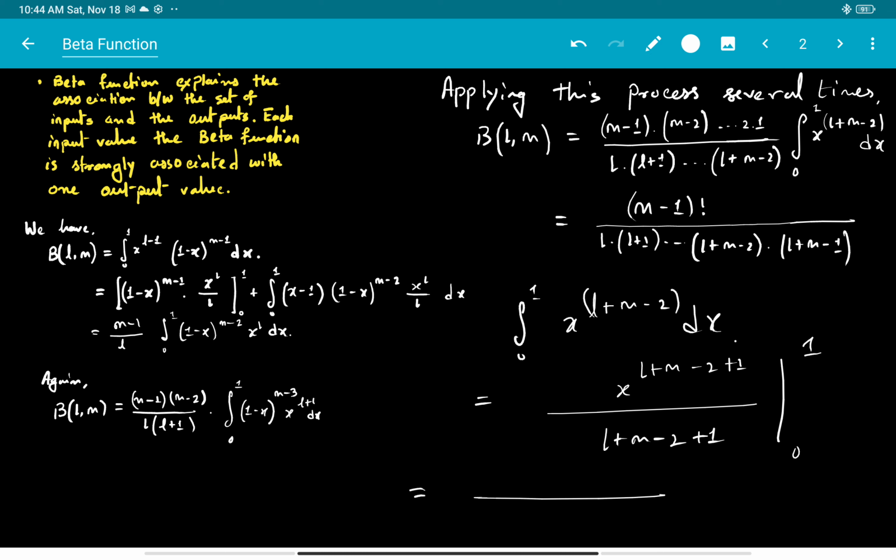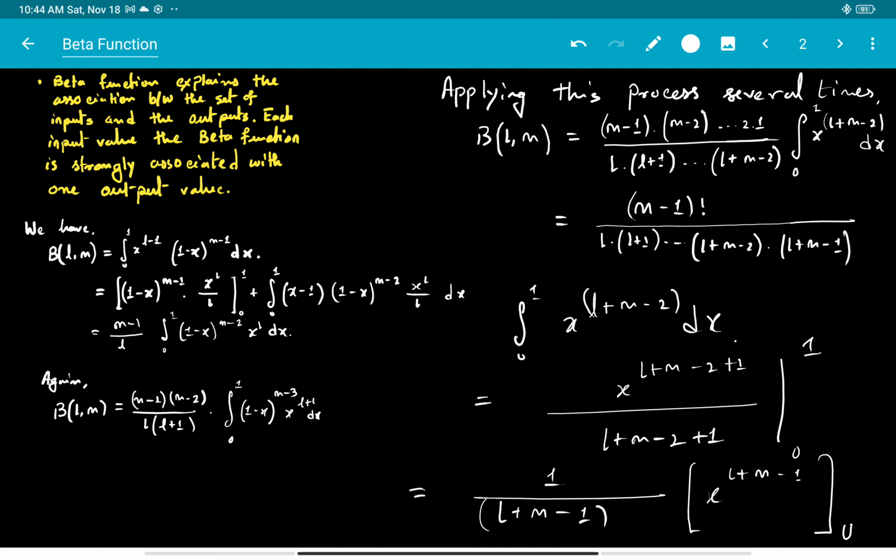So we'll be left with l plus m minus 1 here, or 1, and this is x to the power l plus 1, not l, plus m minus 1.